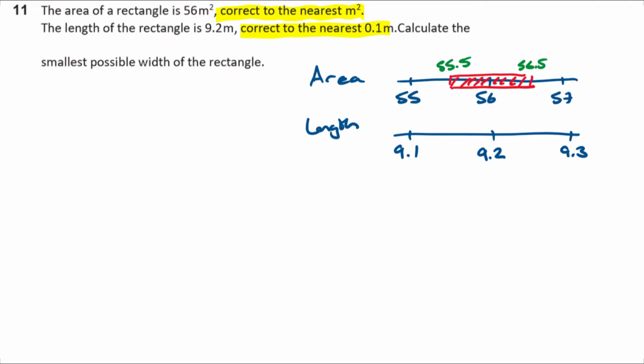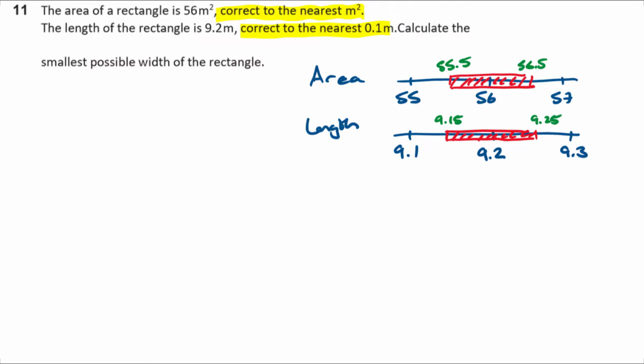It's going to be the ones that are halfway between those two or closer, this area here. Okay. What numbers are halfway between 9.1 and 9.2? Well, that's going to be 9.15 and 9.25.